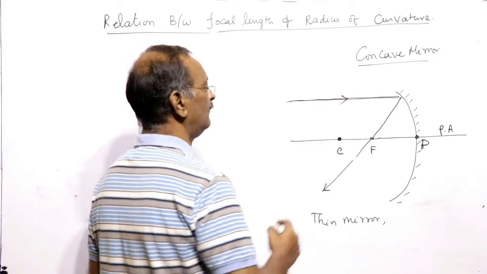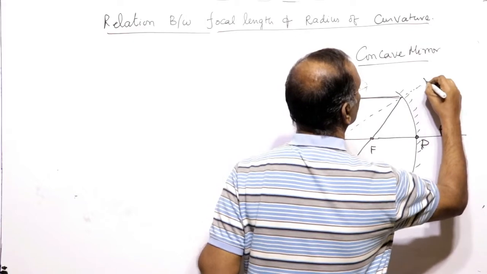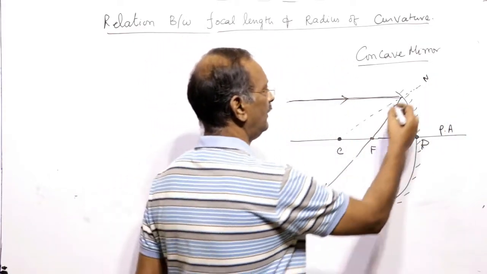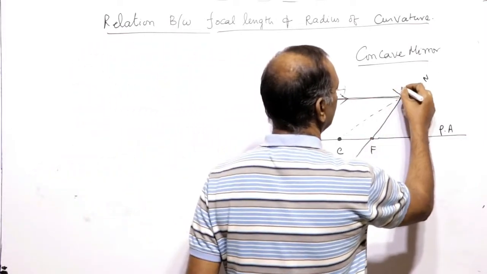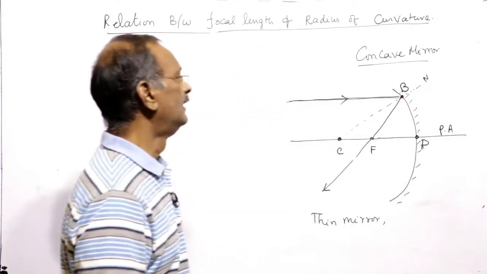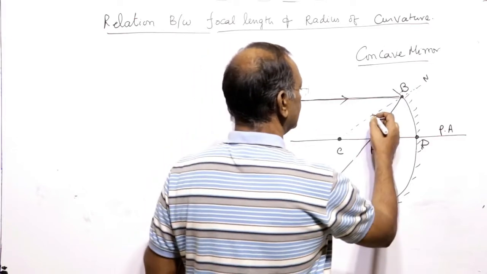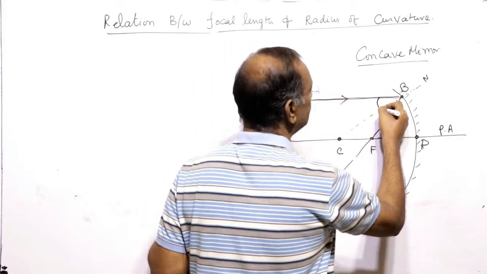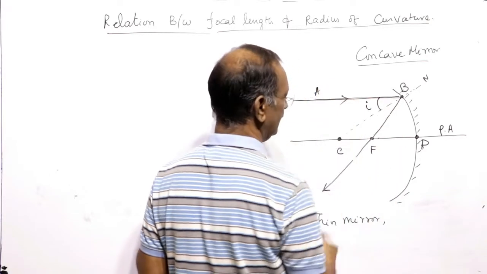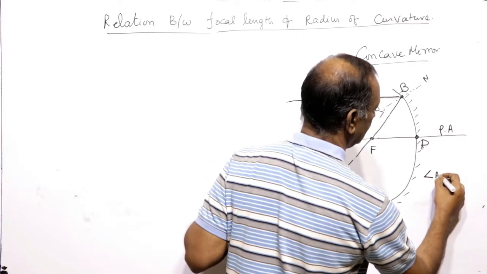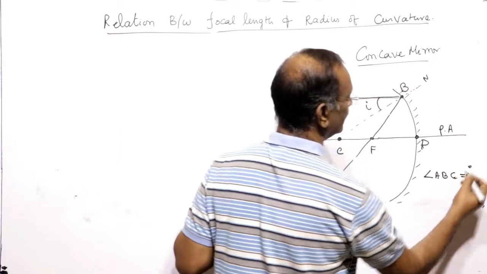With respect to this, from C we draw a normal, because at the point of incidence, say B, the normal is drawn from the center of curvature to the point of incidence. The angle between the incident ray and the normal is the angle of incidence, which we call I. So angle ABC is equal to the angle of incidence.